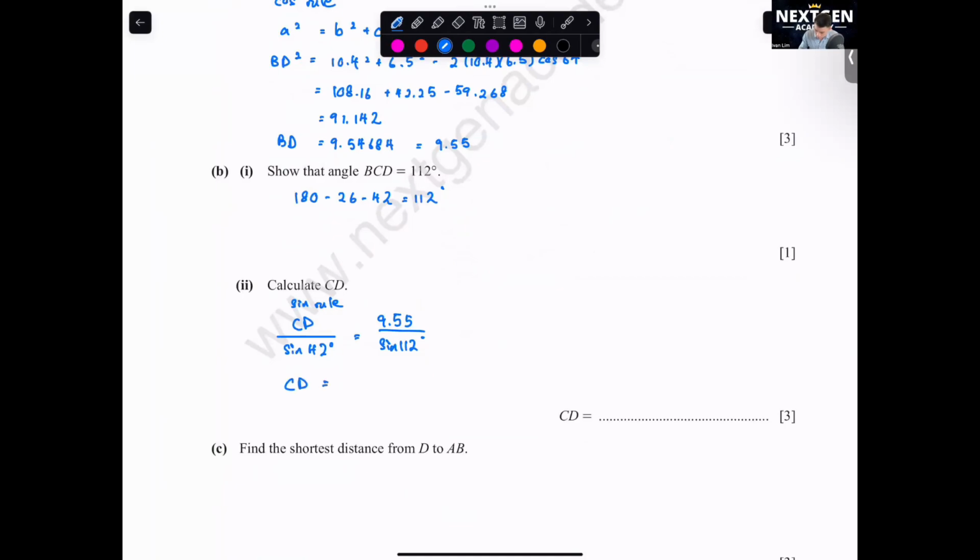Okay, calculate this whole thing. 9.55 over sine 112 multiplied by sine 42. We will get 6.89.